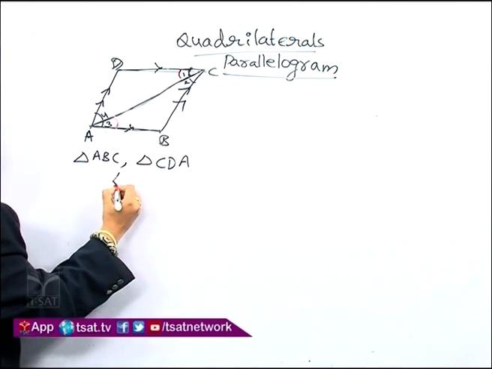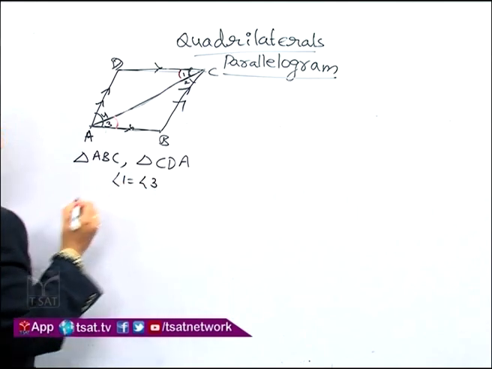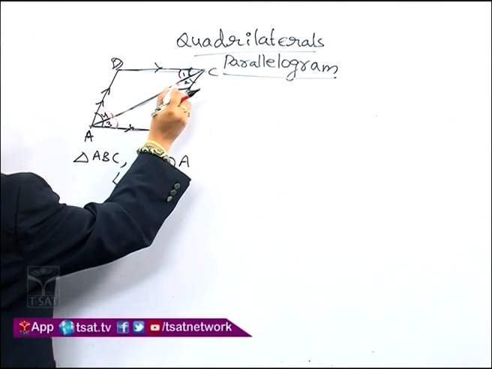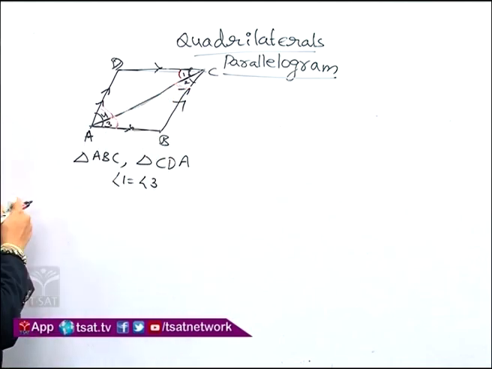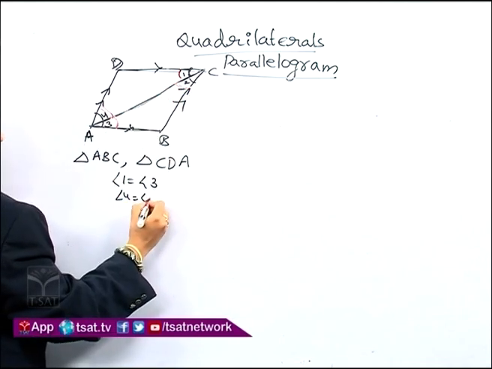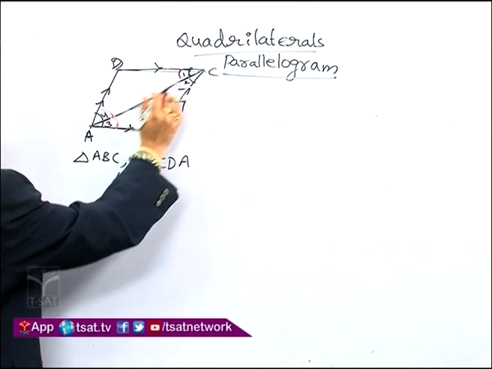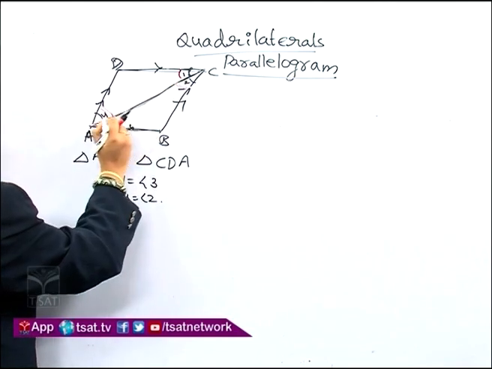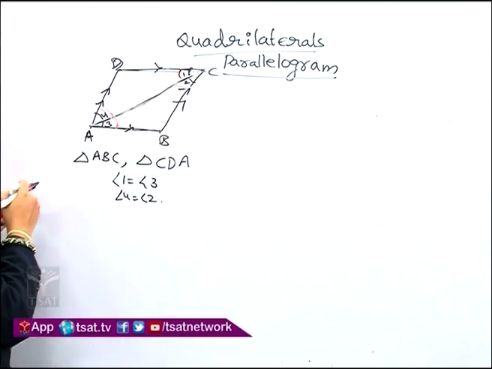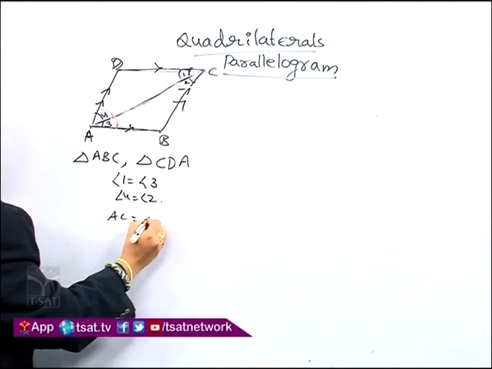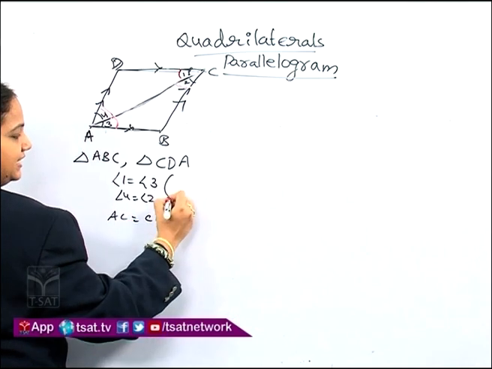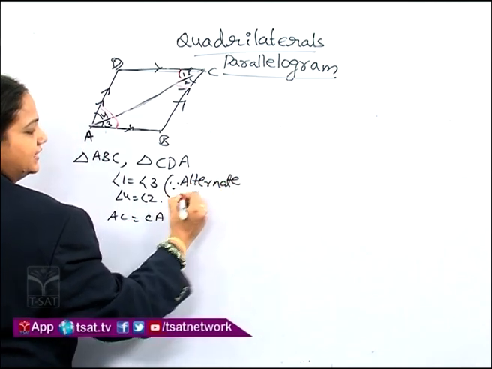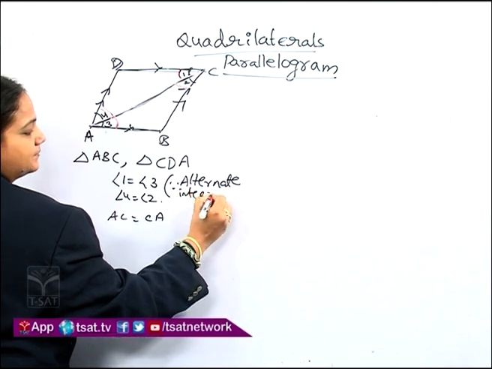Alternate interior angles are always equal. Angle 1 is equal to angle 3 and also angle 4 is equal to angle 2. Both the triangles have AC as a common side. So AC is equal to CA, a common side. Here they are alternate interior angles.